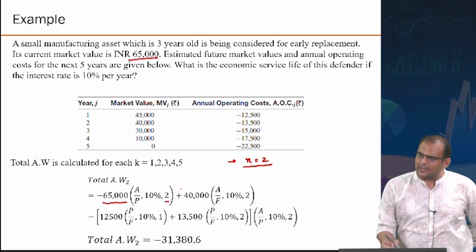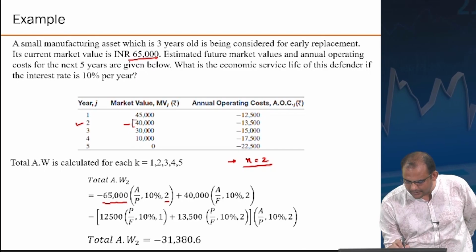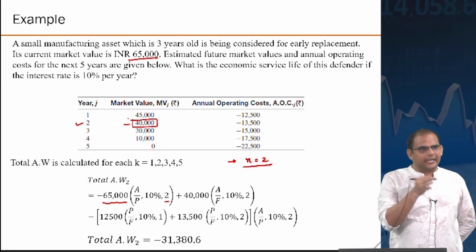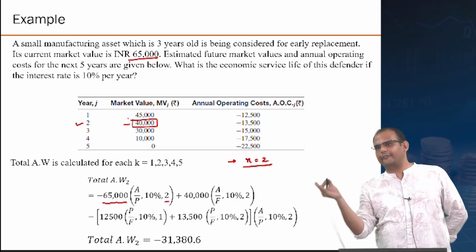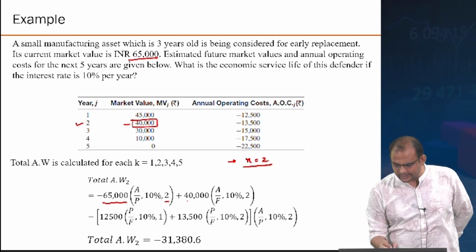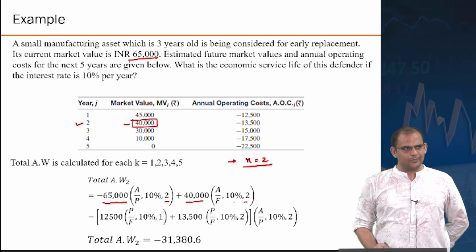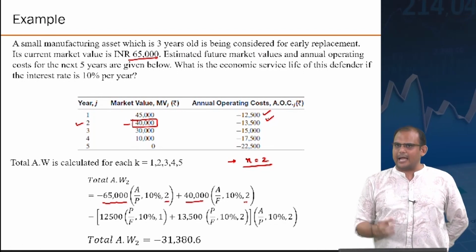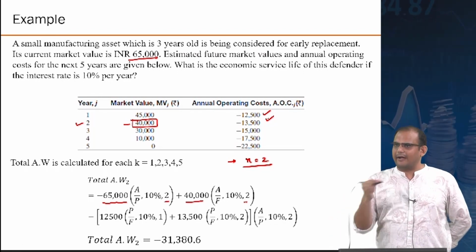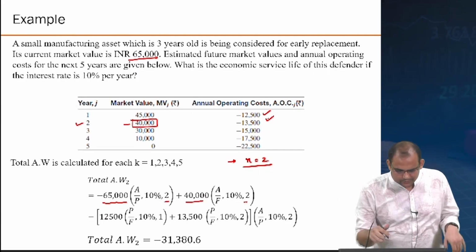The salvage value at the end of year 2 is available from this table, which is the estimated market value of this asset after 2 years. That becomes 40,000 distributed over 2 years, right? Now, the annual operating cost will have to be distributed over the entire 2-year period. So, how do you do that?